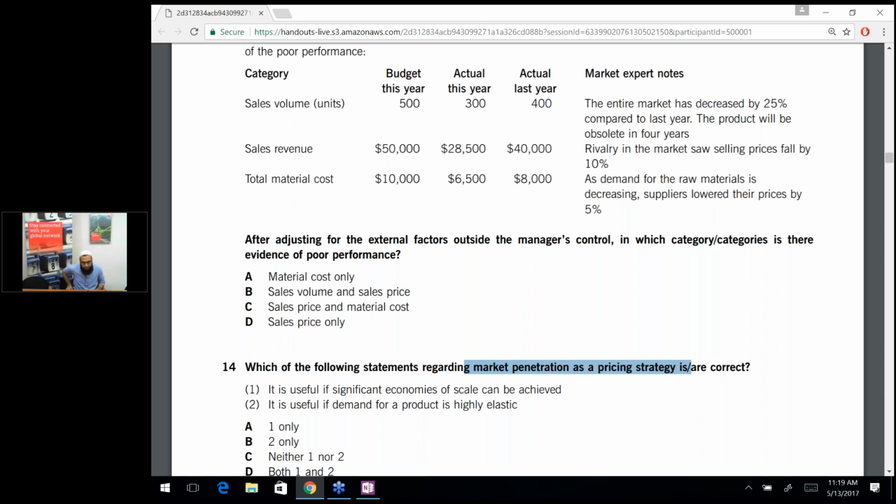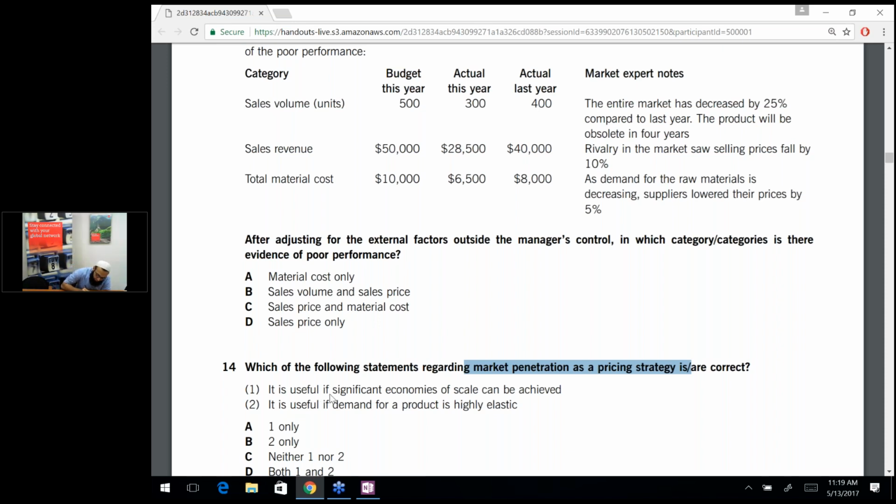Market penetration strategy is one in which you sell the products at a lower price, and the purpose of that is to get a larger market share. Penetration strategy means selling products at a lower price to gain a big market share, so that you can get a lot of market share.